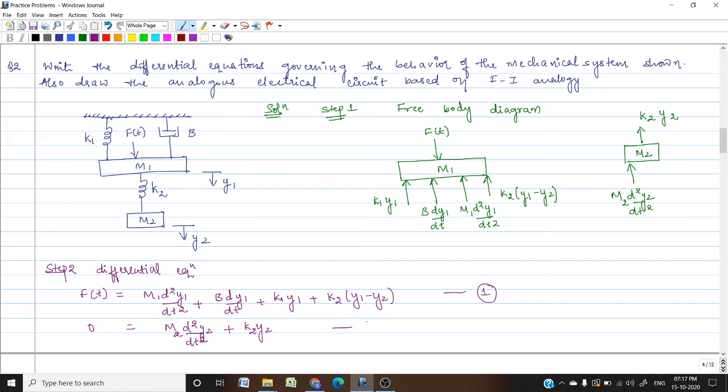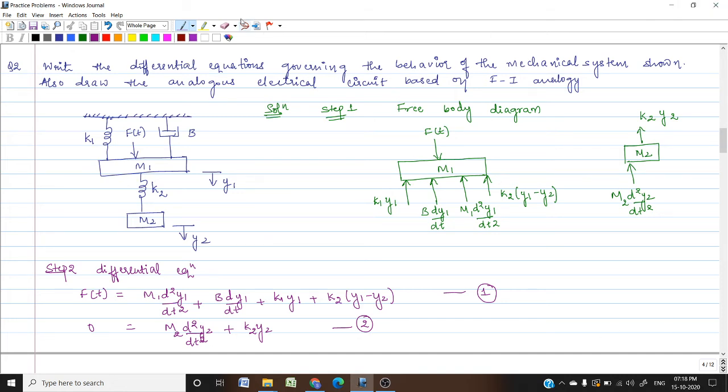Now this becomes my equation number 2. So this is the first part of the question, where we have written the differential equations governing the behavior of the mechanical system. The next part of this problem is to draw the electrical analogous circuit based on force current analogy.